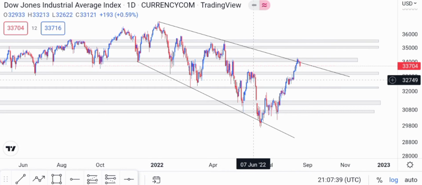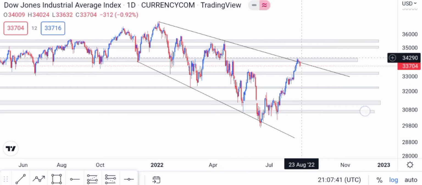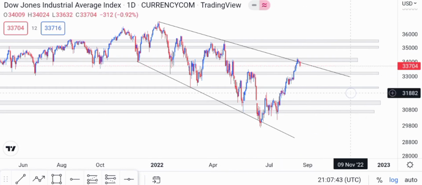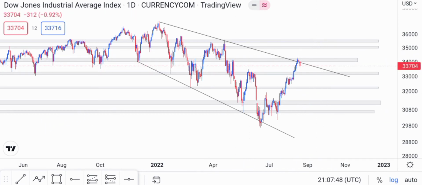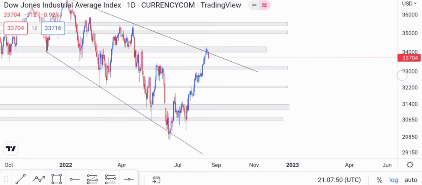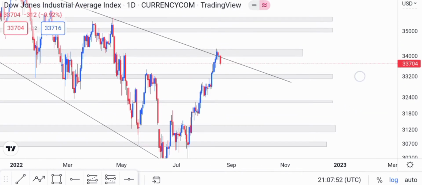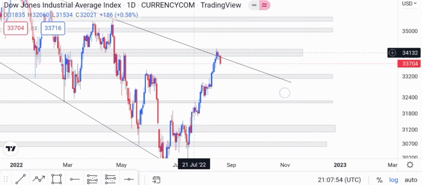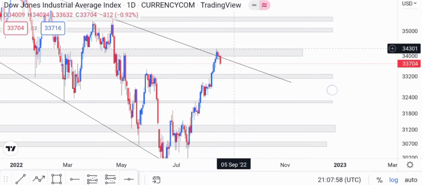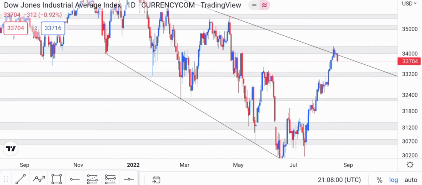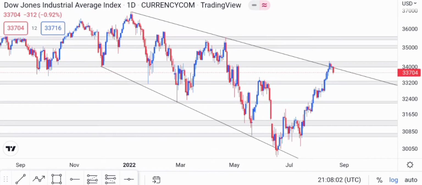On our third touch right over here, already I'm seeing a push to the downward side. If we zoom in a little bit, we can really see that US30 is really respecting this level right over here. So let us move to the 4-hour time frame to see what's really going on.